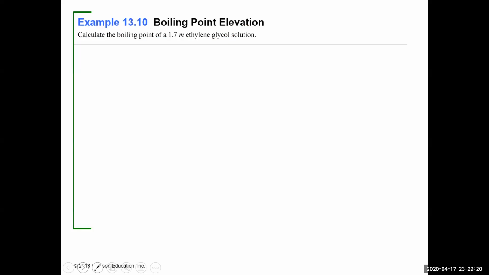Let's look at an example problem. 13.10: calculate the boiling point of a 1.7 molal ethylene glycol solution. In this problem, we're given the molality, which is 1.7 molal, and we're asked to find the boiling point.